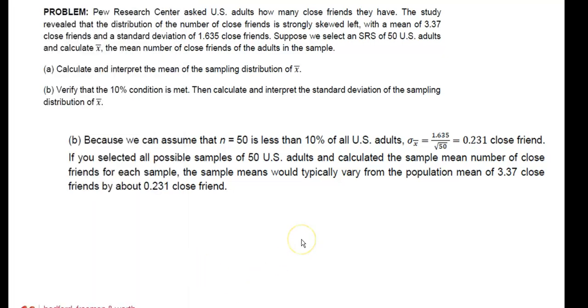That sounds better. I just hit the wrong button there. And again, we want to interpret this value. If we took all possible samples of size 50 from the same population and calculated the mean number of close friends from all U.S. adults, sample means would typically vary from the population mean by about 0.231 close friends.